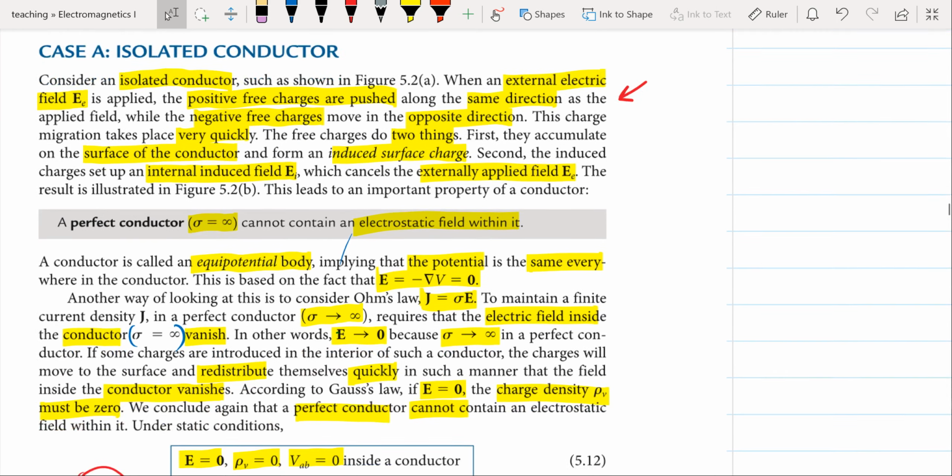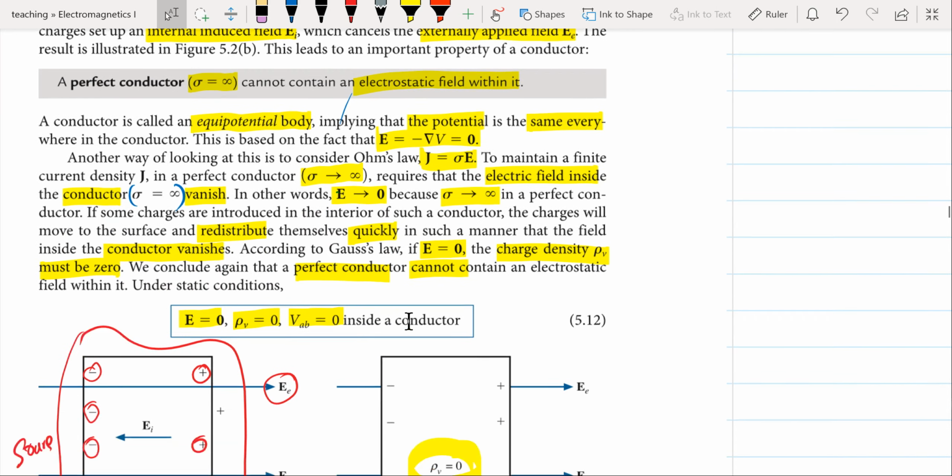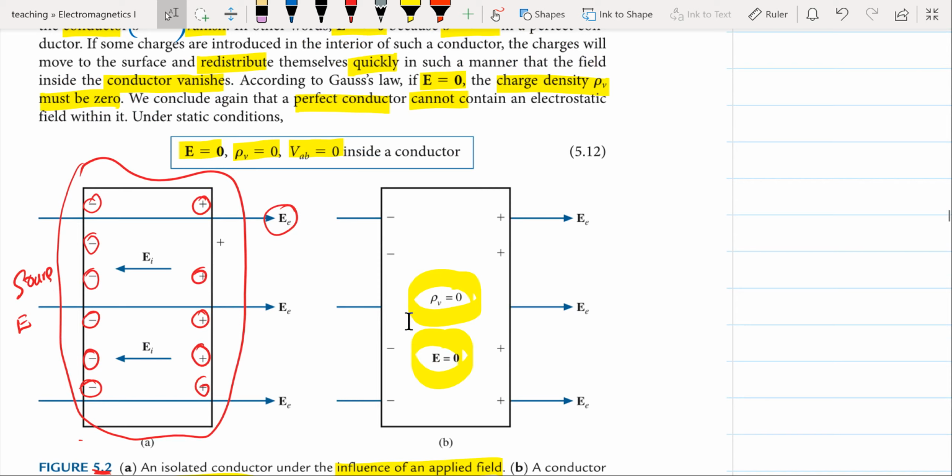And secondly, the induced charges set up an internal induced electric field EI. So what you observe is that these charges set up a new internal electric field strength EI that is equal and opposite that of external EE.